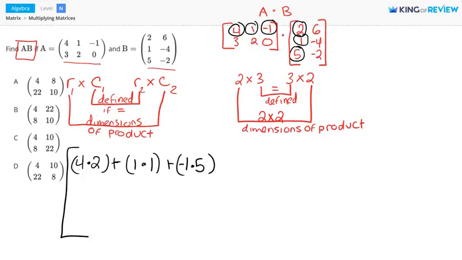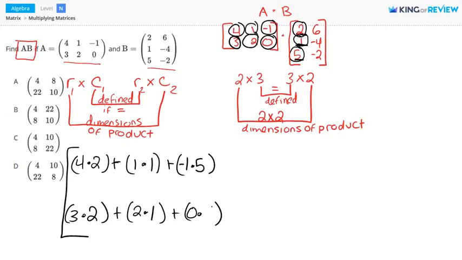So that's how we got this first entry here. Now let's look at the second entry in the first column. I'm setting up the format for these 3 products. So we have 3 times 2 plus 2 times 1 plus 0 times 5. So we're continuing in the same fashion for this second entry here.